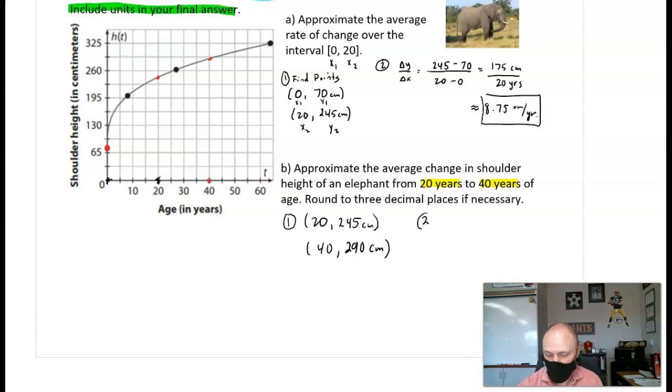Okay, so I'm going to calculate delta y over delta x. So y2 minus y1 over x2 minus x1. That would be 290 minus 245 over 40 minus 20.